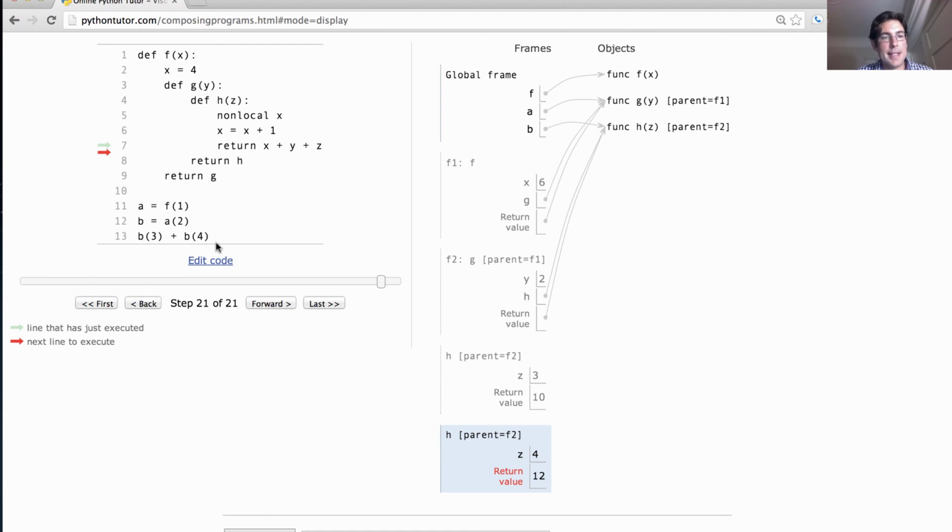So 10 and 12 together is 22, which I forgot to bind to a name, so it doesn't show up in the environment diagram, but you would get 10 plus 12 is 22, which is different from if I had just replaced this with the number 10, at which point x would be 1 less than it was before because b would not have been called in this case, and the answer would be 21. Referential transparency was lost.